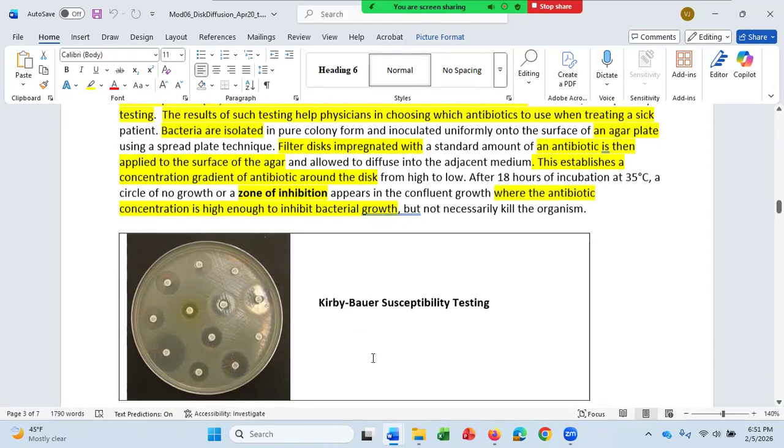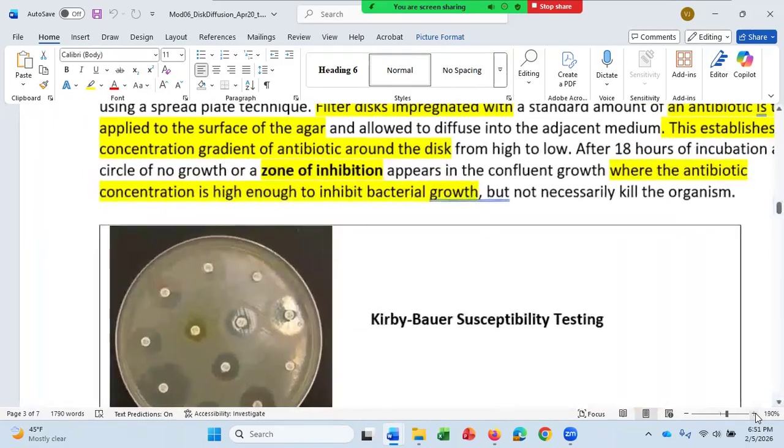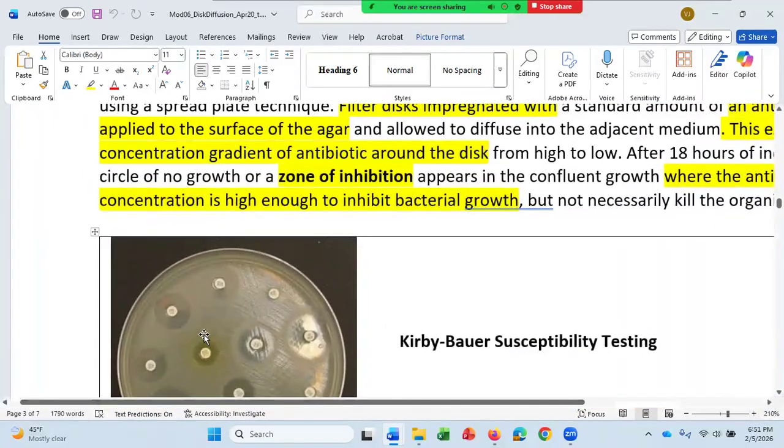Let me blow this up a little. The bacteria are growing in a lawn, which looks like white growth almost everywhere except the zone of inhibition.